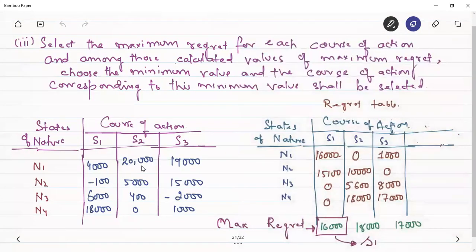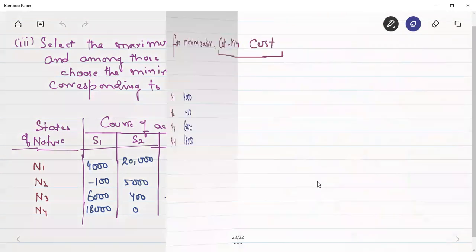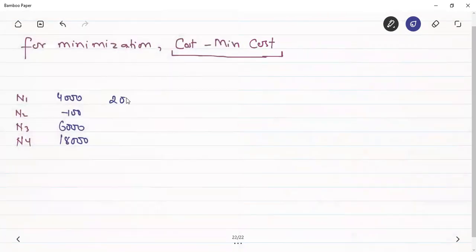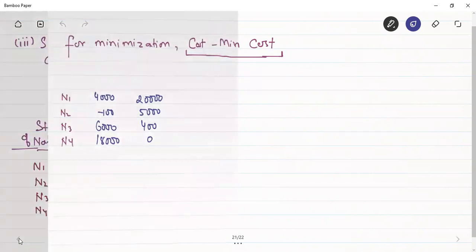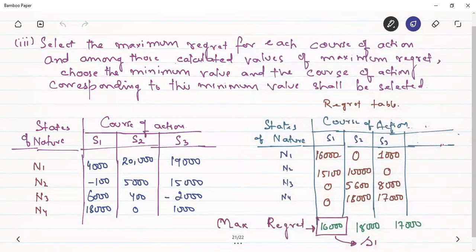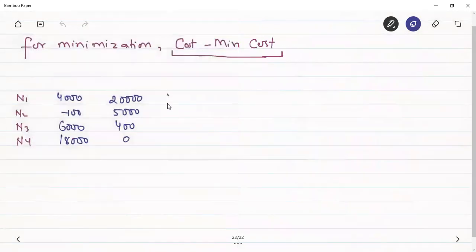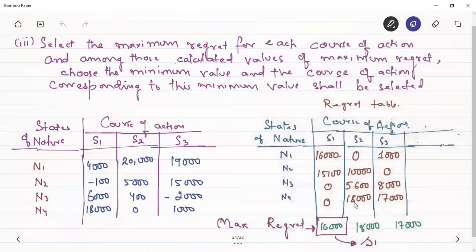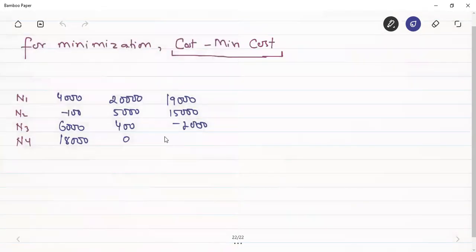For S2 it was 20,000, 5,000, 400 and 0, and finally for S3 it was 19,000, 15,000, minus 2,000 and 1,000.